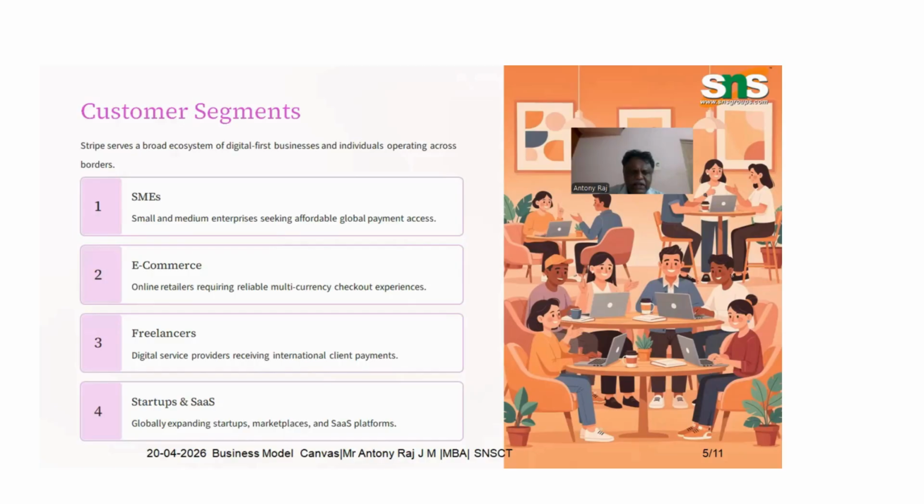Second is e-commerce: online retailers who wanted reliable multi-currency support, because customers come from across the globe and want to transact in their own currency, so multi-currency checkout was very critical. Then freelancers, the digital service providers receiving international client payments, and then startup companies and software as a service companies. These were the customer segments Stripe was serving.